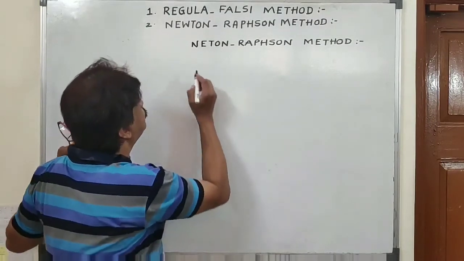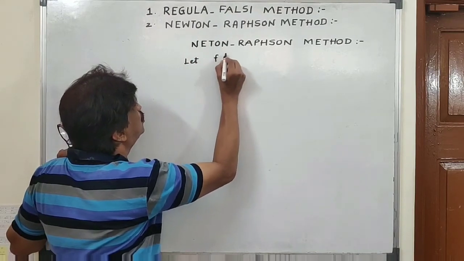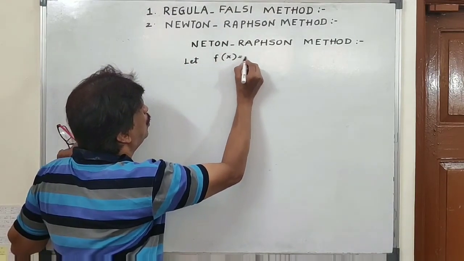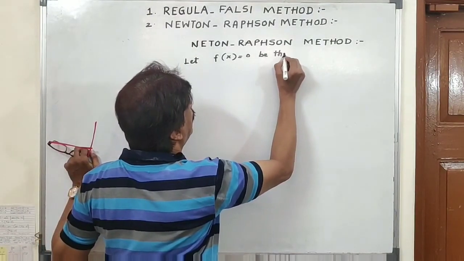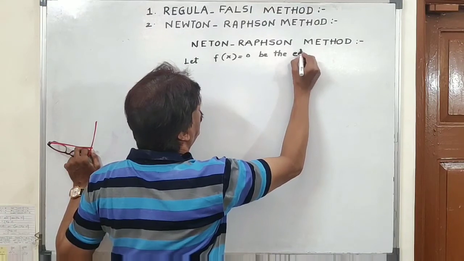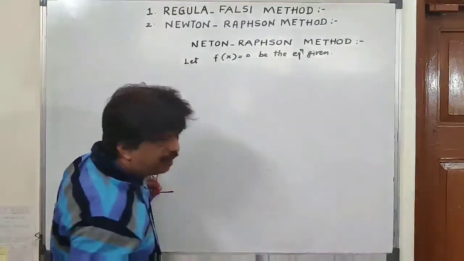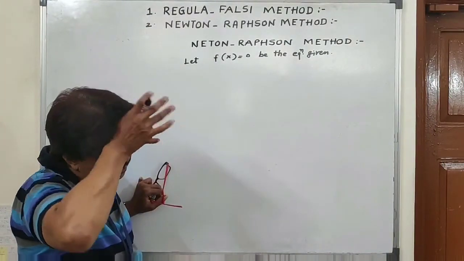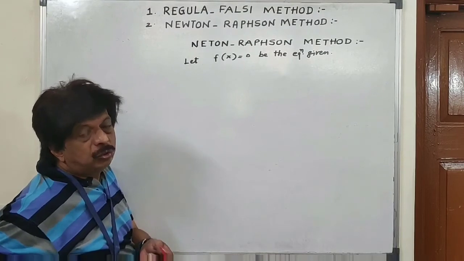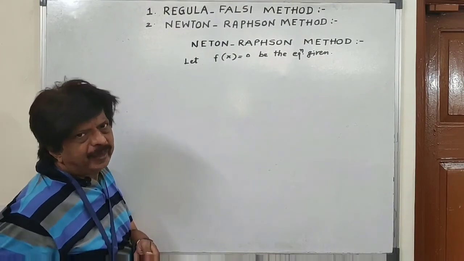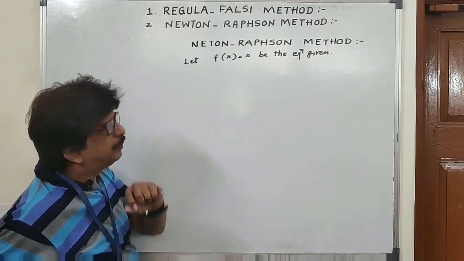Let f of x equal to 0 be the equation given. We are given this f of x equal to 0 at our disposal, whose numerical solution is to be obtained. It may be an algebraic equation, it may be a transcendental equation.